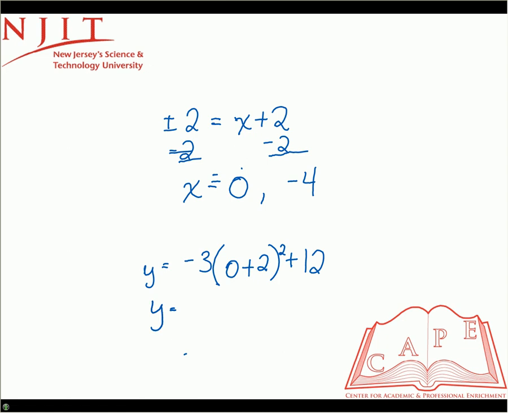Y is equal to 0 plus 2 is 2, 2 squared is 4, so we have negative 3 times 4 plus 12. Then we simply have y is equal to negative 12 plus 12. Y is equal to 0. So there's our y-intercept, which means that the parabola crosses the y-axis at y equals 0.